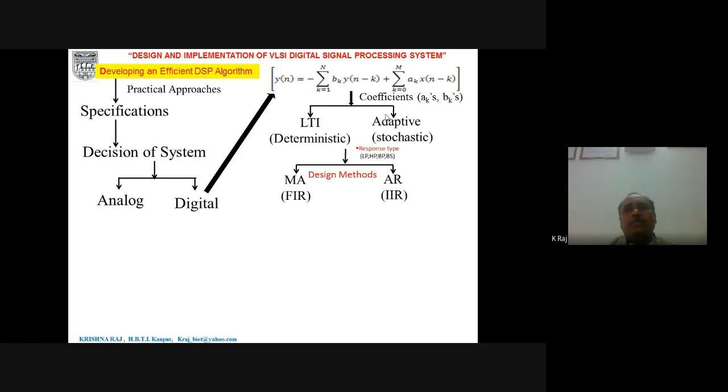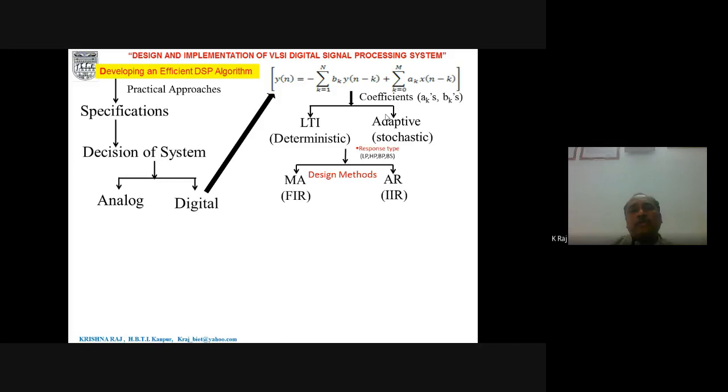After deciding the model, whether we are interested in the analog or the digital, and again whether we are interested in the LTI or the adaptive, we have to see what the nature of this system will be, whether moving average type or autoregressive.